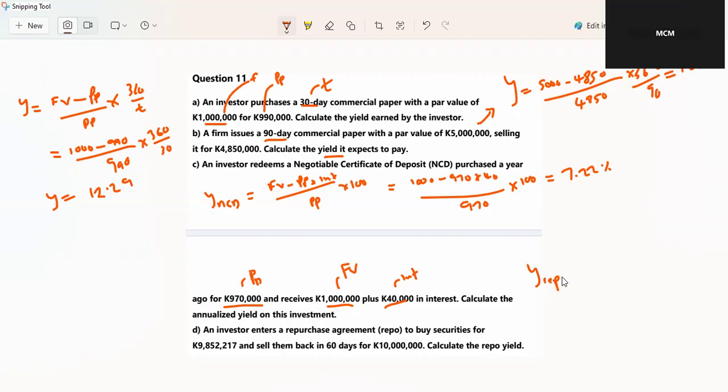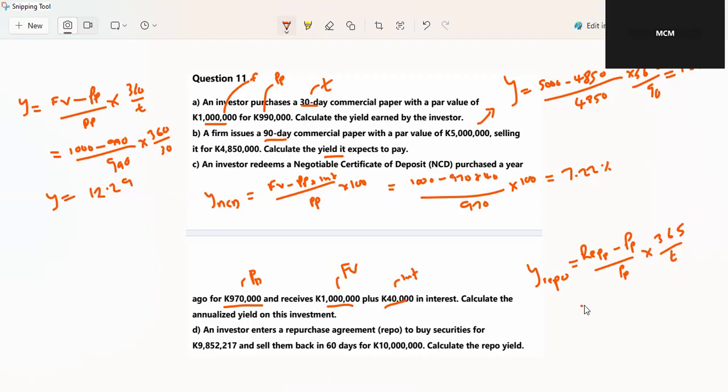What's the formula to find the yield of a repo? Your repurchase price minus purchase price over purchase price times 365 over the time. Okay, so the repurchase price minus the purchase price over purchase price times 365 over time.